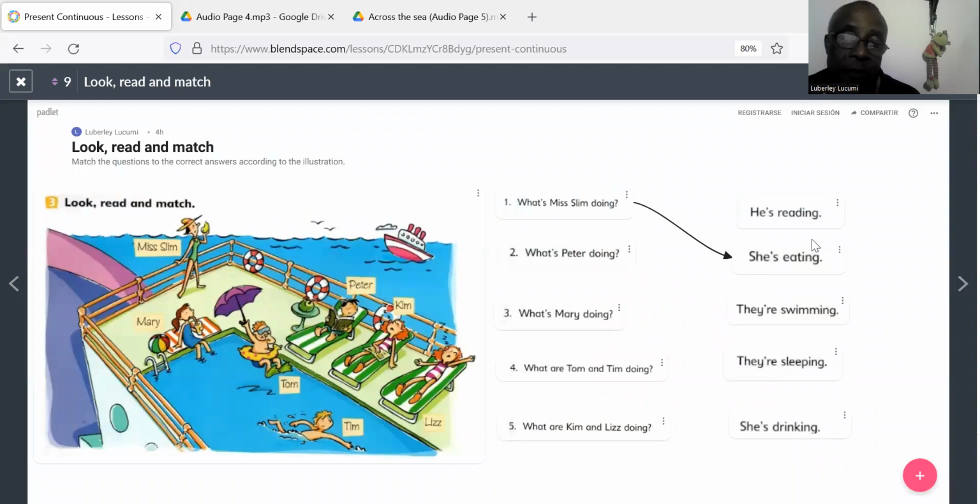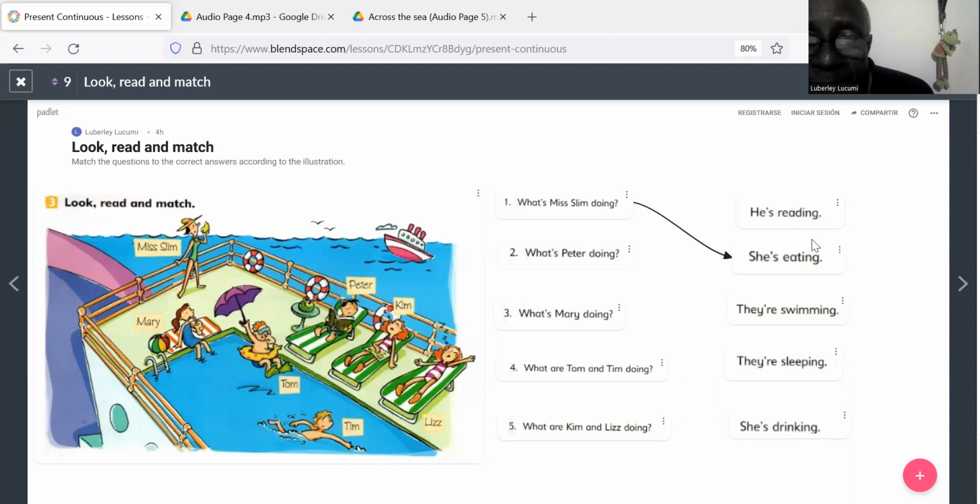Okay. Now, as you can see, there is an image on the left and on the right. On the right, you can see questions and short answers about the image on the left.